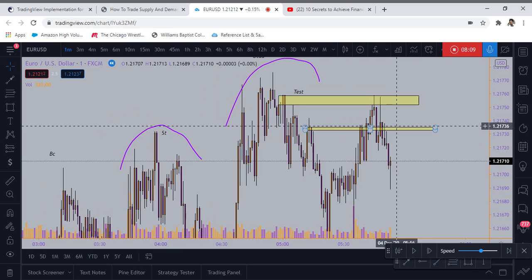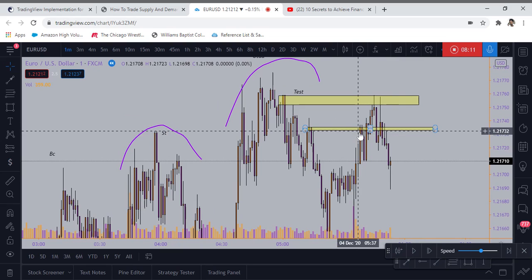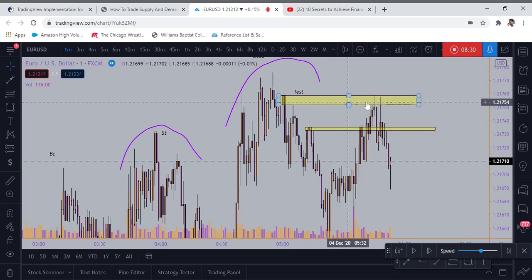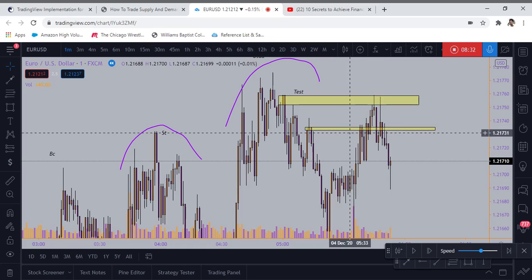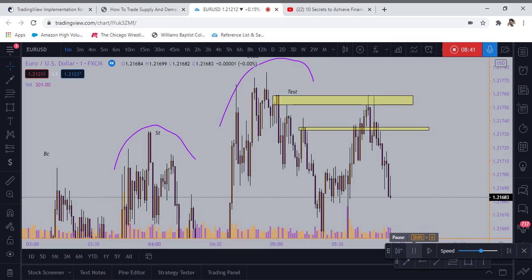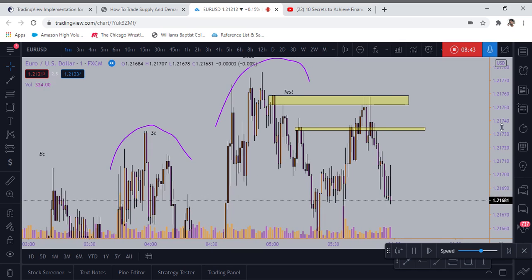As you guys can see, price went to this area right here. Well, it ramped through it. So you probably would have taken less than a pip stop loss. And price tested your first supply zone up here, and then it sold back down. So you would have been good on your first entry. The entry you tried to stack would have taken an L.